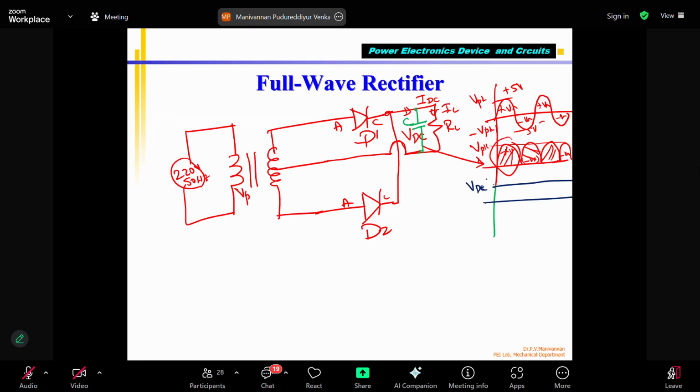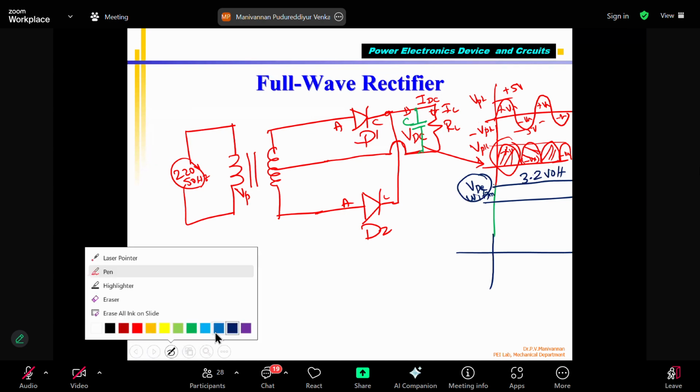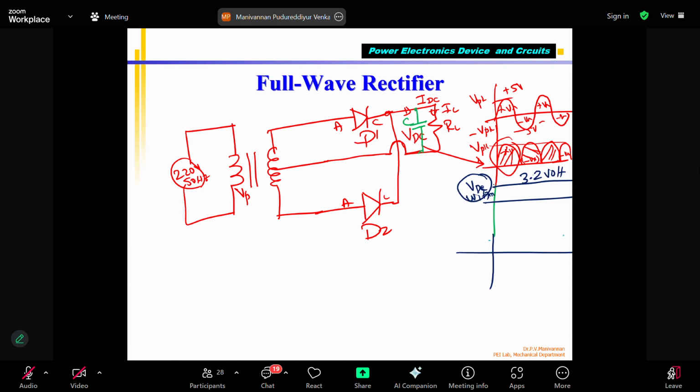Okay, this is VDC without load. I can say that without load it is 3.2 volts. And the same thing with load will be lesser. We saw that it will be 2 volts.